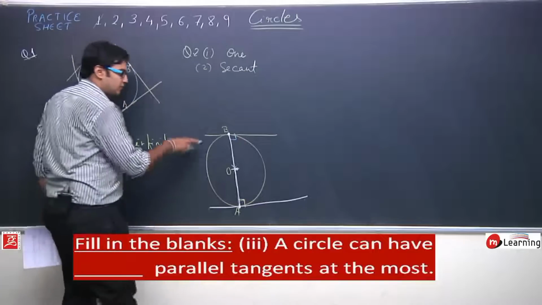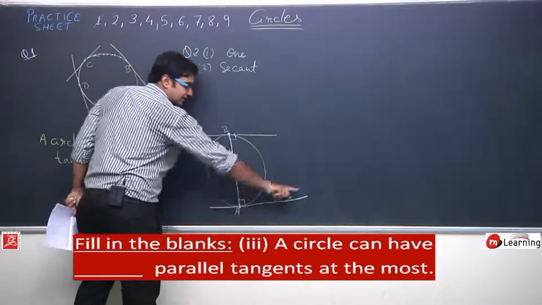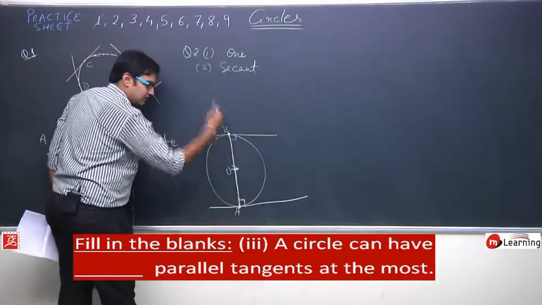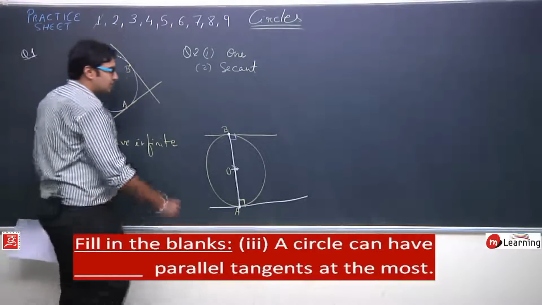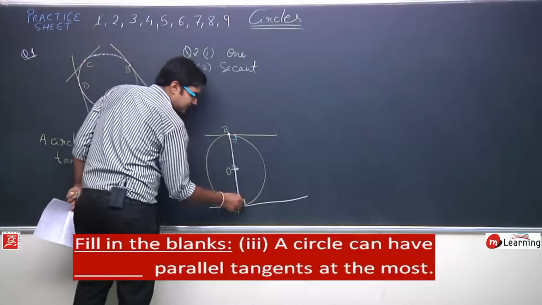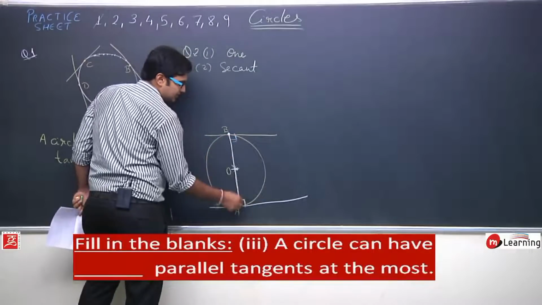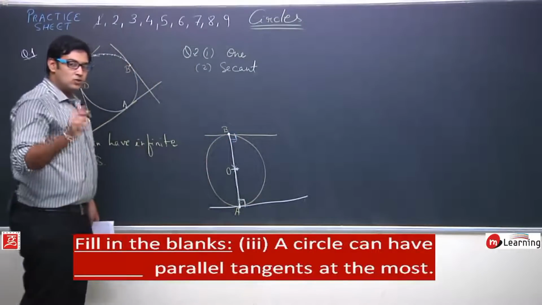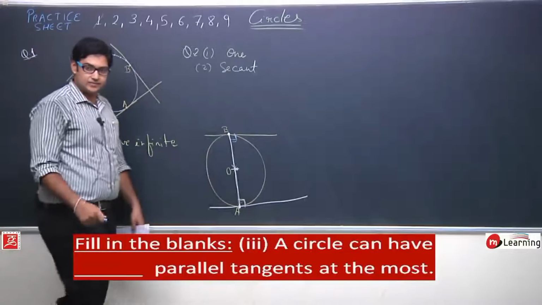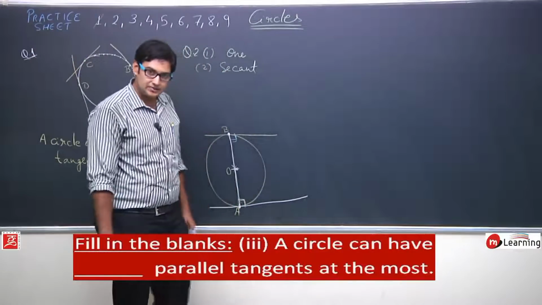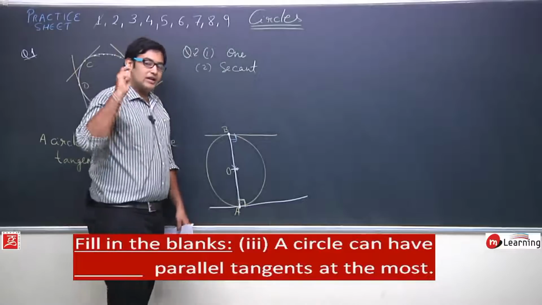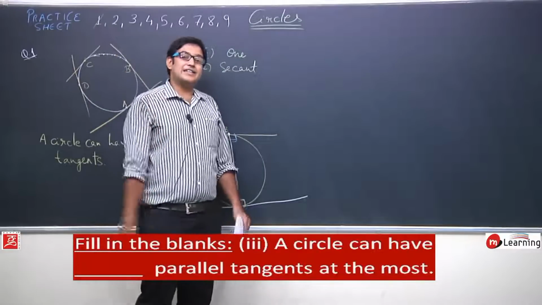Now, observe it very carefully. This is one line, this is the second line, and this line, AB, is a transversal. You can see that the sum of these two angles is equal to 180 degrees. Now, try to remember what you have studied in lines and angles.